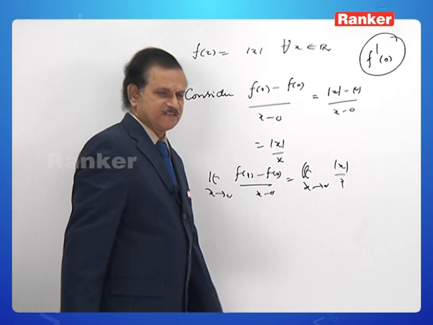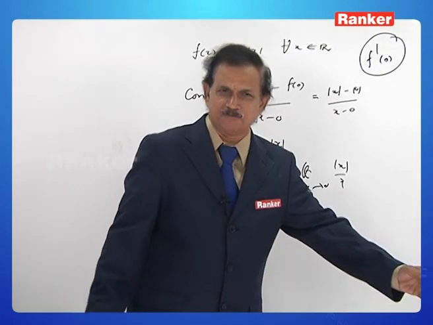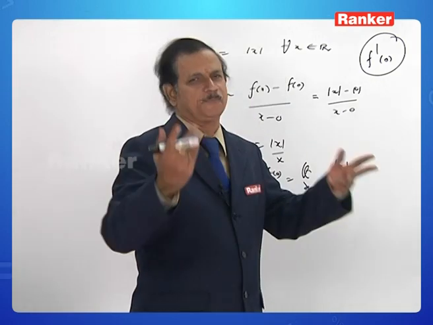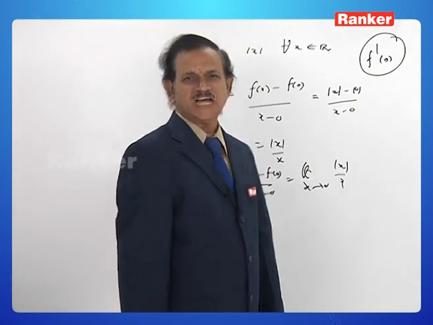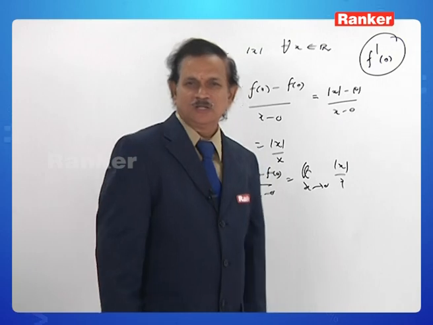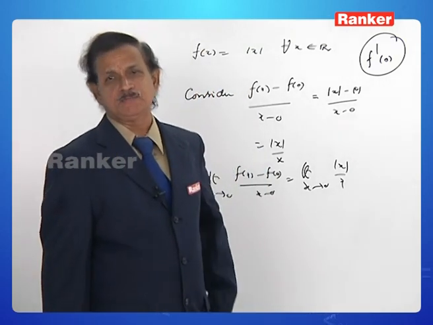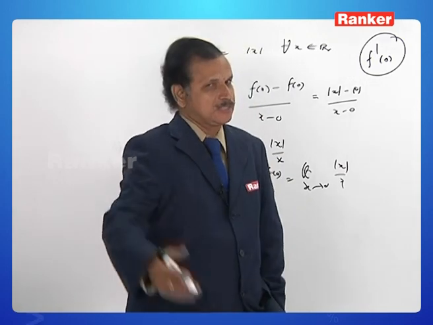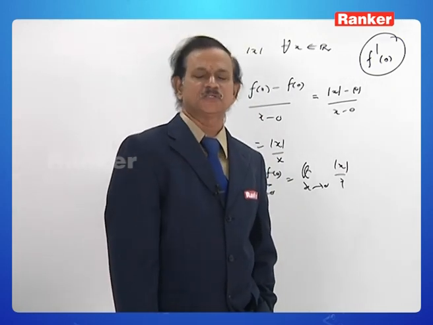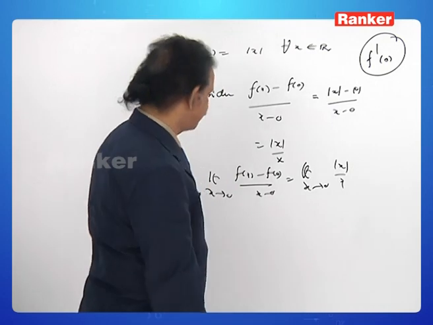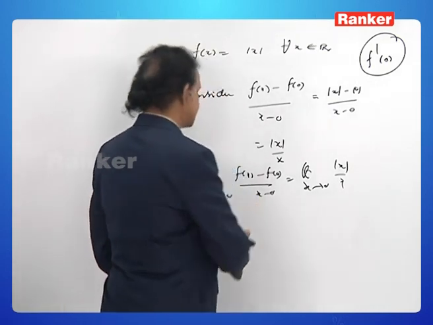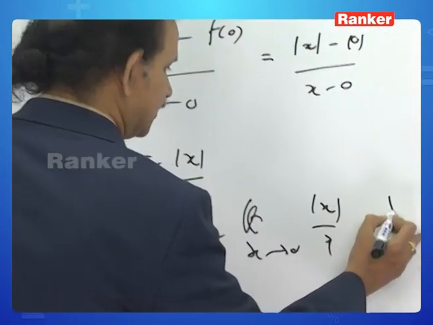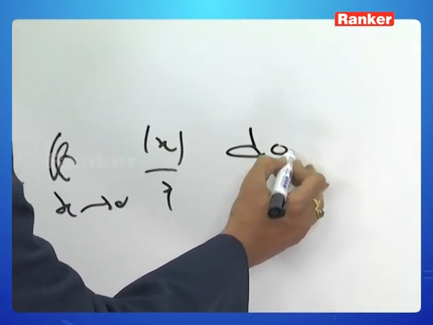Well, my dear, this is a famous limit which we have discussed many times in the limit chapter. That can never exist. To be more precise, the left hand limit is minus 1 and the right hand limit is plus 1. The limit does not exist at all. Therefore, the limit as x tends to 0 of (f(x) − f(0))/(x − 0) does not exist.